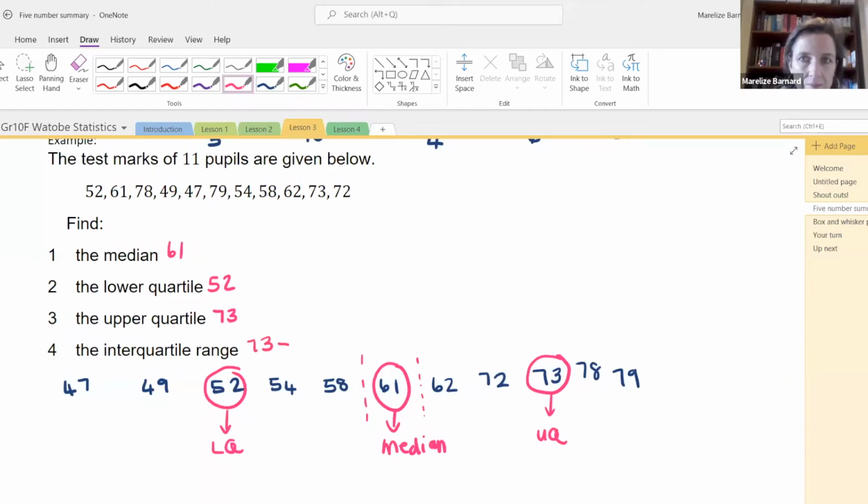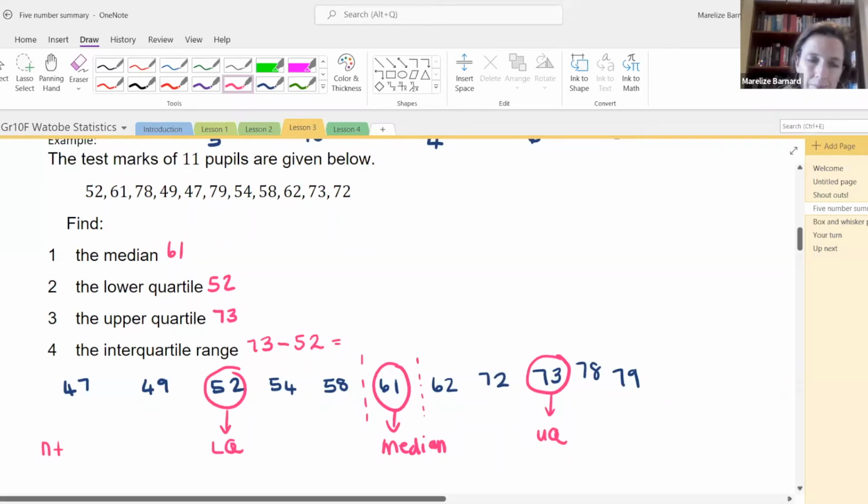Hello, ma'am. Hi there. Ma'am, can I ask for the lower quartile? So when you calculate it, weren't you supposed to use the formula that says 1/4 into n plus 1? Give me that formula again. It's 1/4 and then in brackets n plus 1.